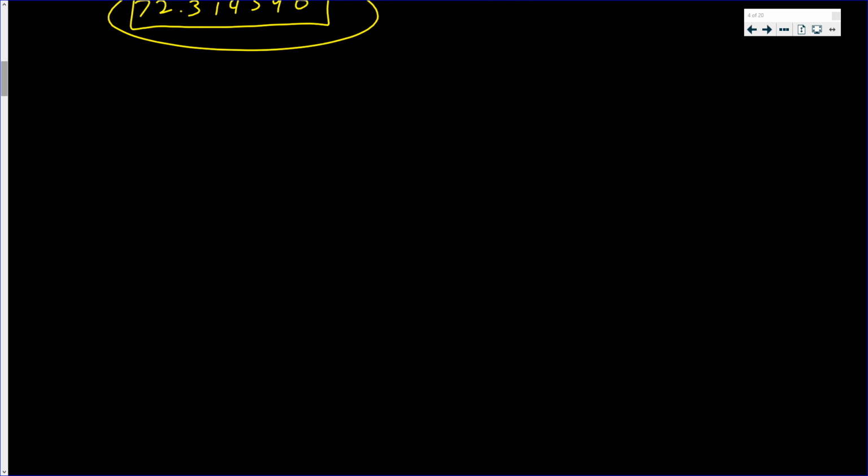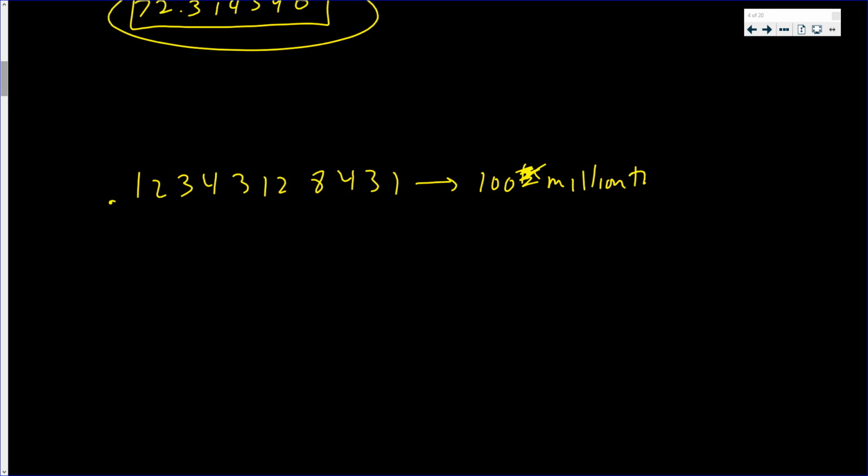How about this number? Decimal point 1234,312,8431. I'm going to round this to the 100 millionth position, excuse me. The 100 millions.